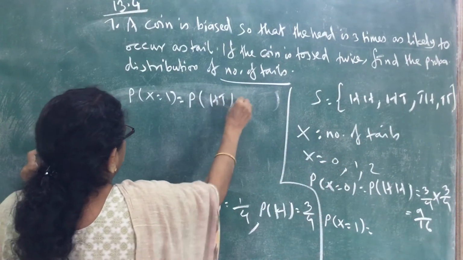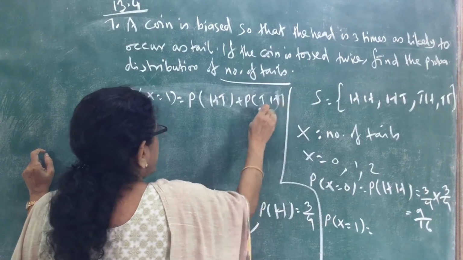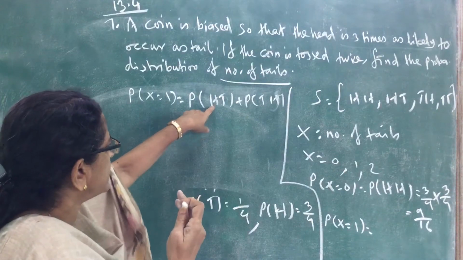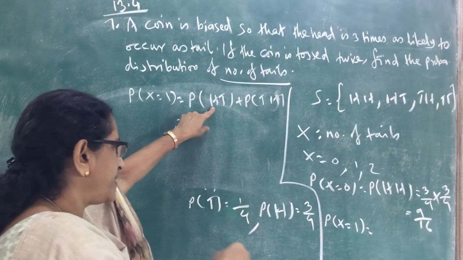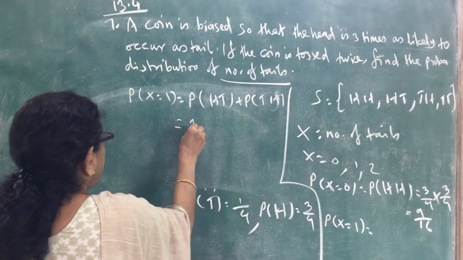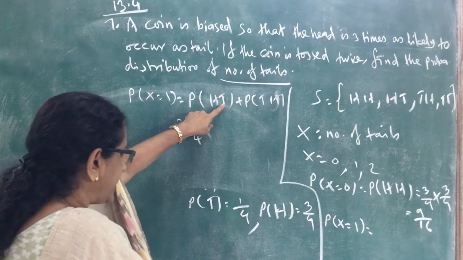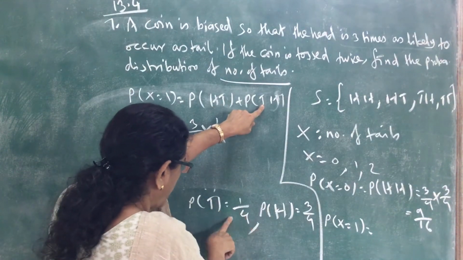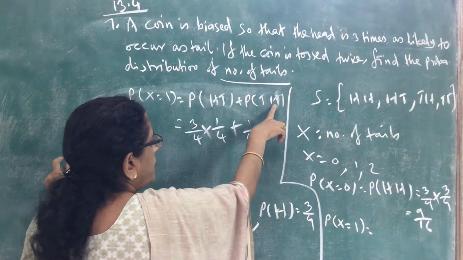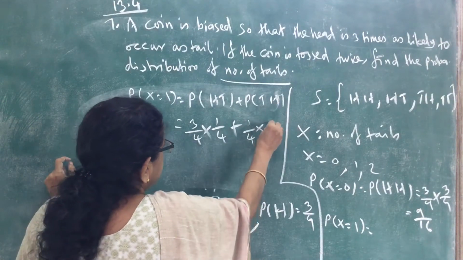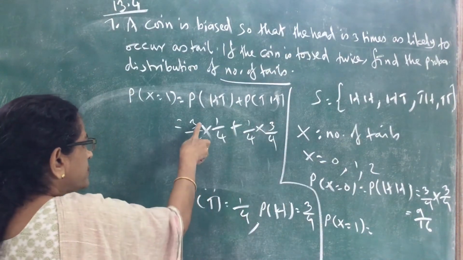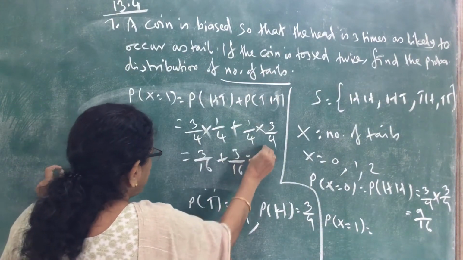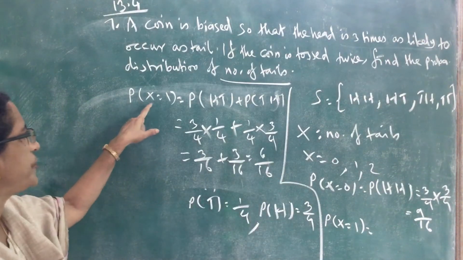What is the probability of HT? First coin shows head, probability 3 by 4, into probability of getting tail, that is 1 by 4, plus probability of getting tail 1 by 4 into probability of getting head, that is 3 by 4. So that is equal to 3 by 16 plus 3 by 16, that is equal to 6 by 16. So that is the probability of X equal to 1.